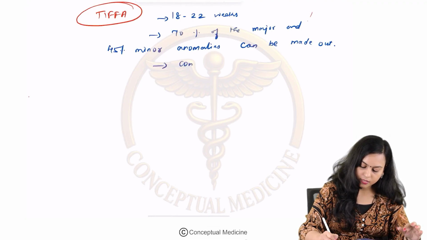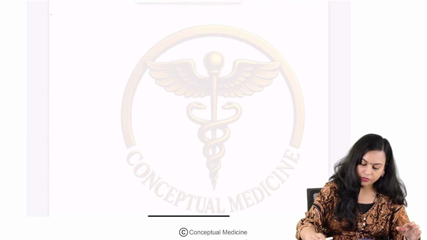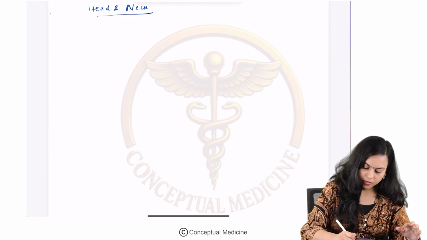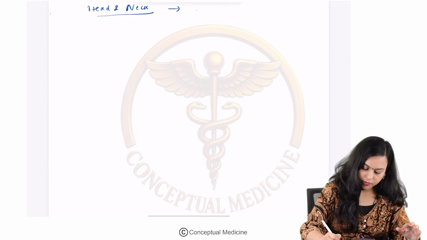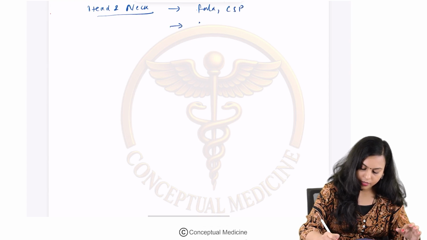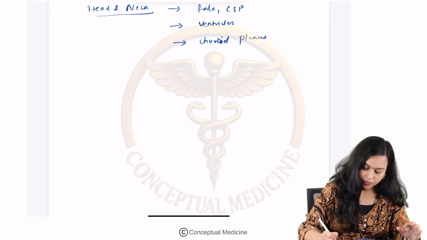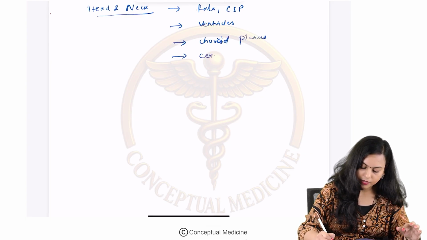And the components, what all you have to see: you have to see the head and neck. In the head and neck you have to see the falx cerebri, the cavum septum pellucidum, how are the ventricles, then the choroid plexus, cerebellar hemispheres and all.